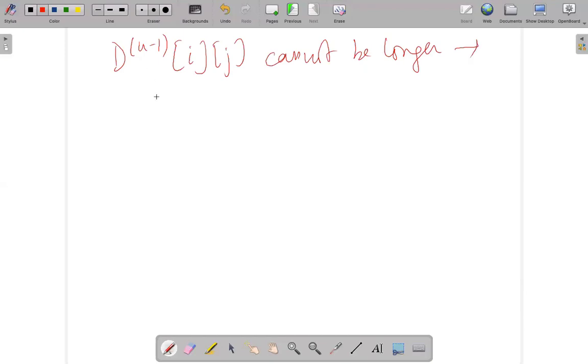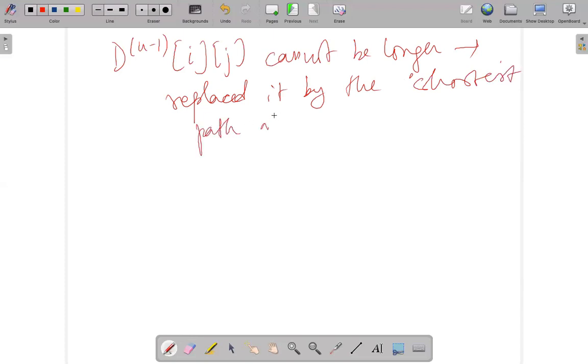If it was so, then we could have replaced it by the shortest path, okay, as apparent from the figure that we have just now seen. Okay.